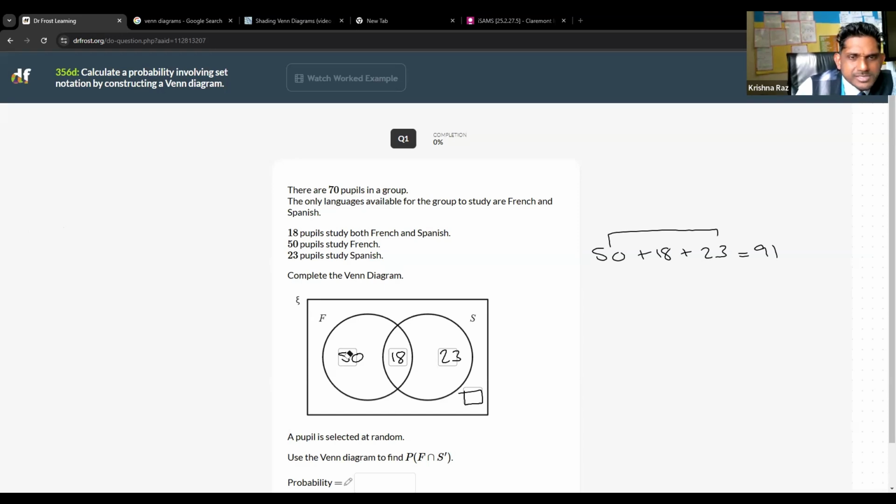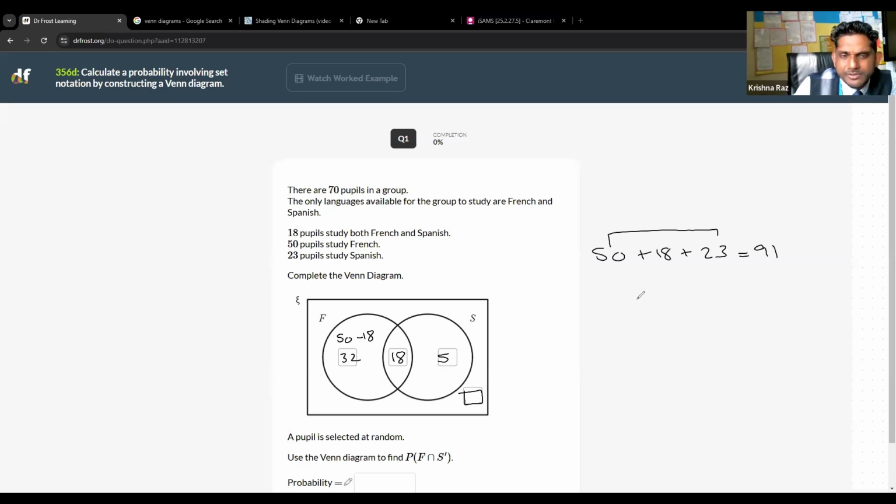So this together should add up to 50. So this bit here must be 50 minus 18, which gives me 32. Likewise, the Spanish circle together should add up to 23, so that must be 5.